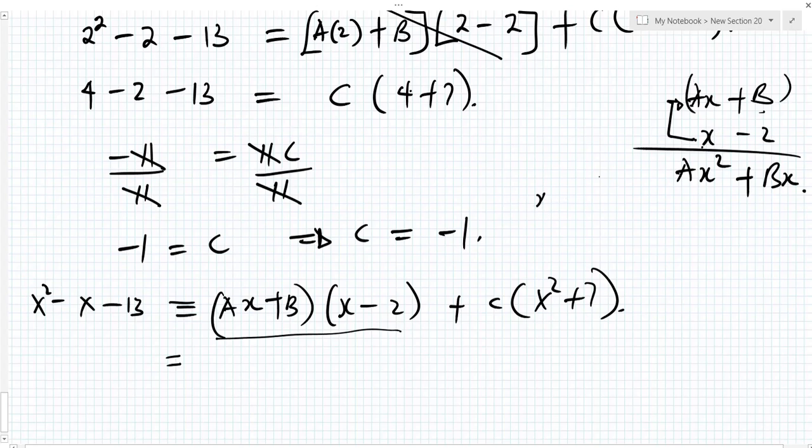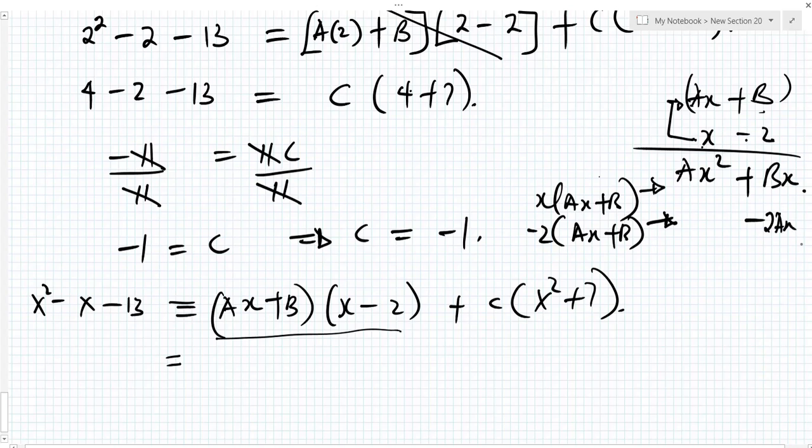Now you have x times ax plus b, that will give us that. So the next one is minus 2 times this whole thing, minus 2 times (ax + b). So this will give us minus 2ax, then minus 2 times plus b will give you minus 2b.